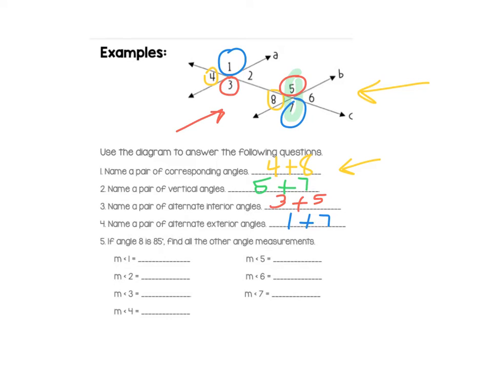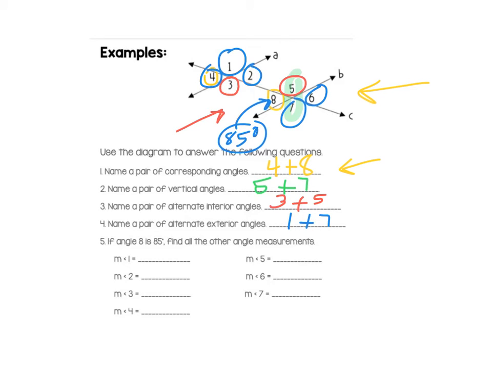And then you'll have to find angle measures. So if angle 8 is 85 degrees, so right here is 85 degrees, then you should be able to find the measures of all of the angles. So all of the angles that are 85 degrees would be 8 and 6 and 4 and 2.